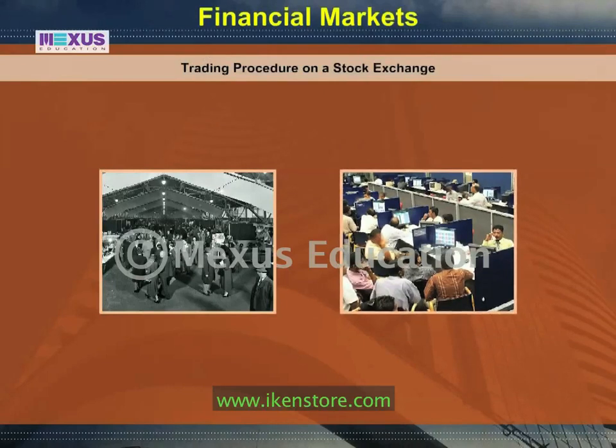But now, most of the operations are carried out electronically and the stock markets have become almost paperless. Investors can trade freely from their home or office, over the phone or through the internet. Investors may approach stock exchange registered brokers also for securities trading.